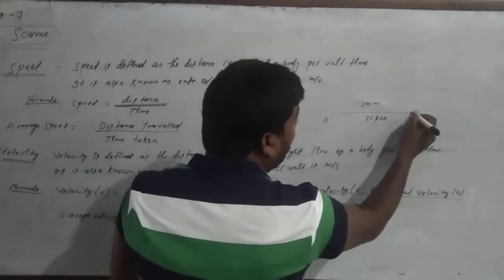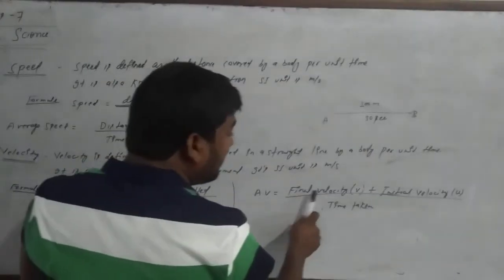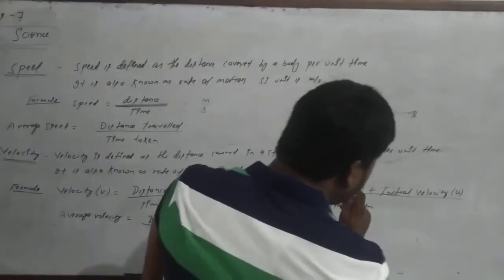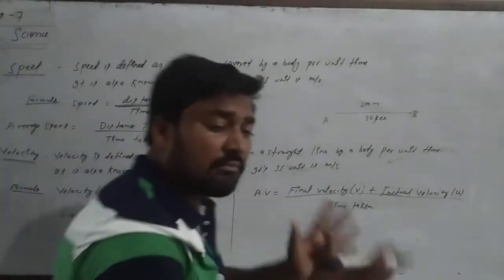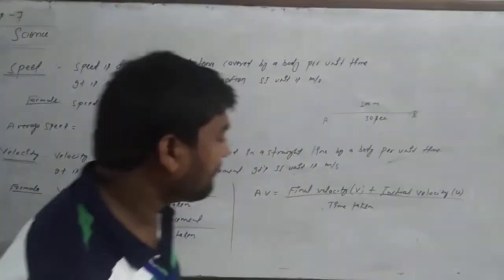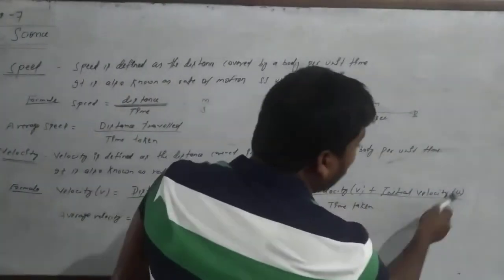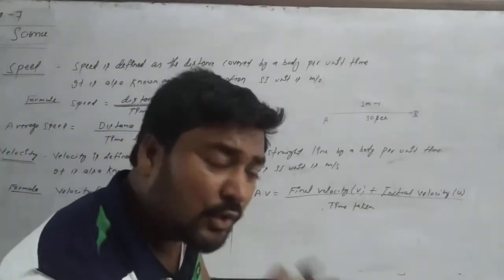And next, we can calculate it using the final velocity plus the initial velocity. Final velocity is always denoted by v, and initial velocity is always denoted by u.